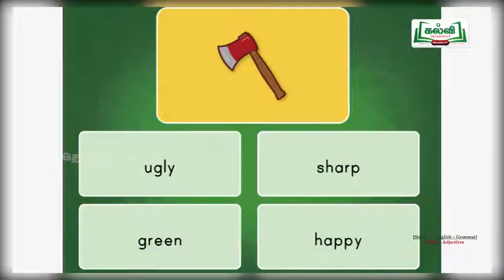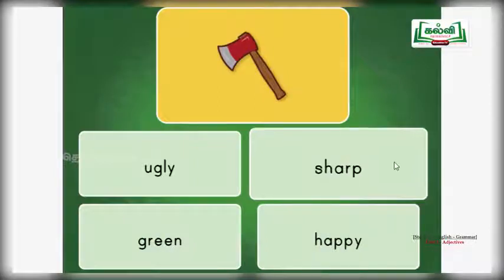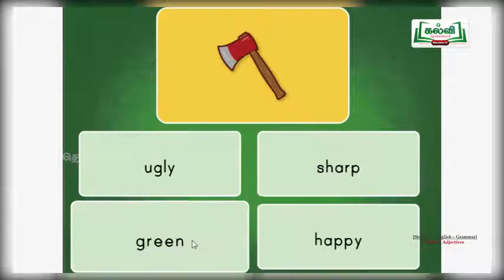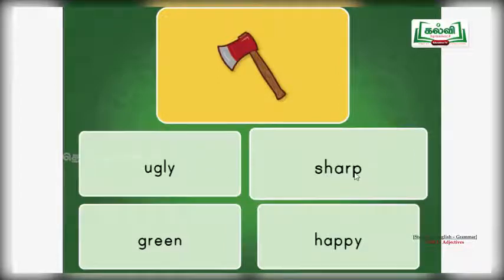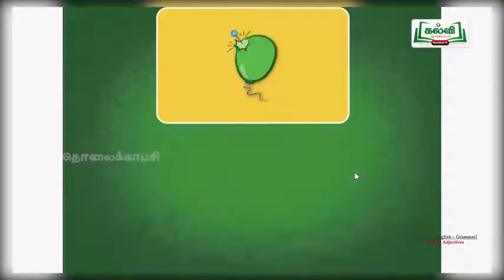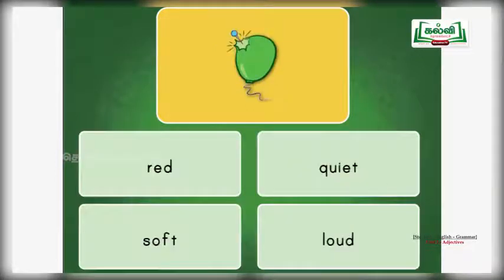Which adjective best describes the picture? Can we try? Sharp, happy, green, ugly. What is the answer? Shall we go with sharp? Let me click sharp. Yes, it's the right answer. Which adjective best describes the picture?